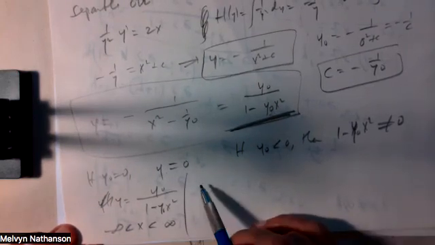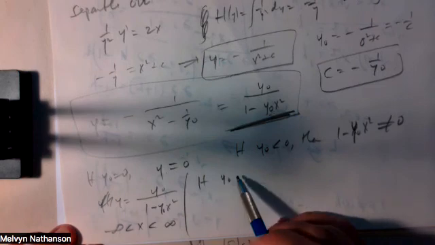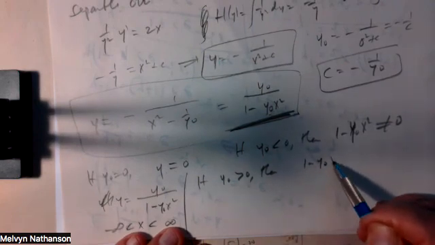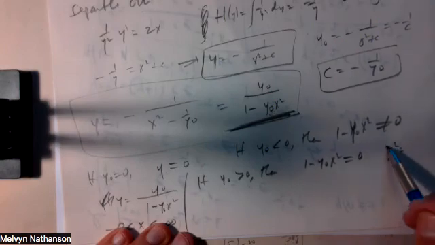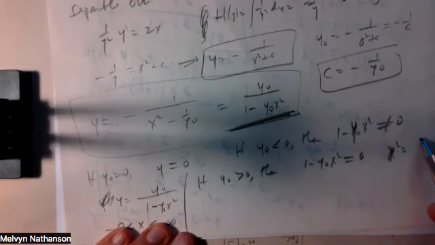However, if y naught is positive, then 1 minus y naught x squared doesn't make sense where the denominator is 0. That means where x squared equals 1 over y naught.